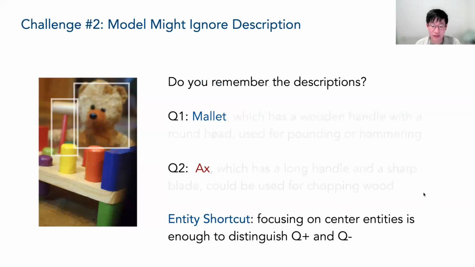You might find that you don't necessarily need to read the descriptions, even if I ask a human to do it, because all you need to do is look at the entity names, mallet and axe, and you are able to align them to the image. So this creates an entity shortcut: focusing on the center entity is enough to distinguish which query is correct. The model is not incentivized to read the descriptions.